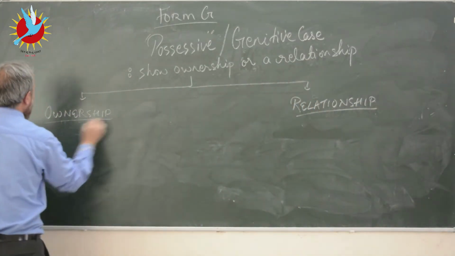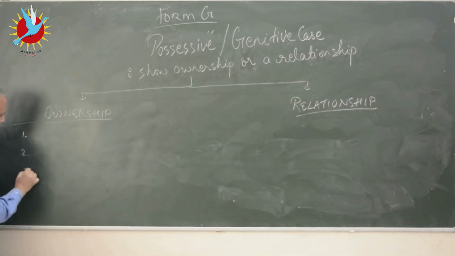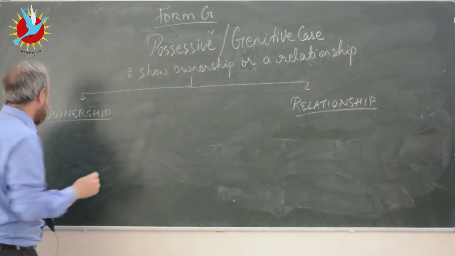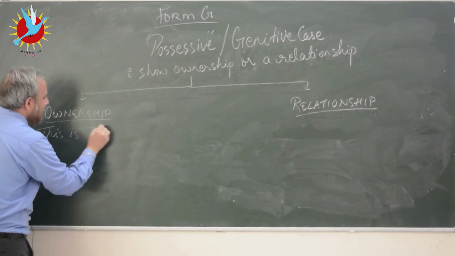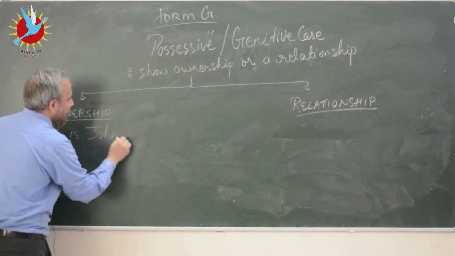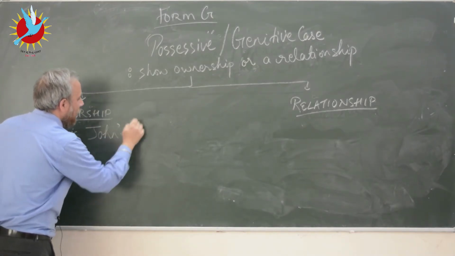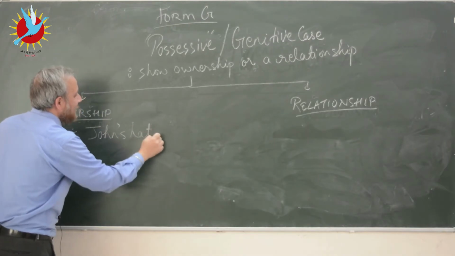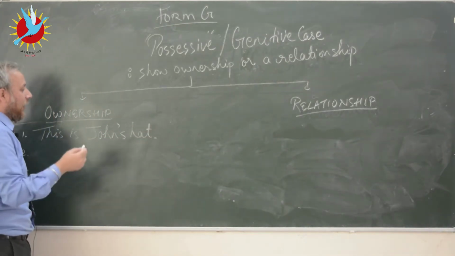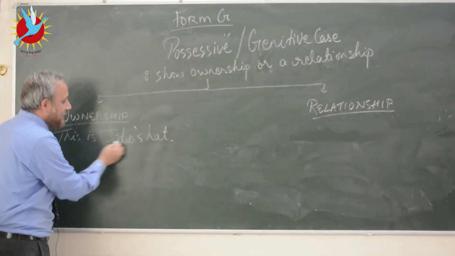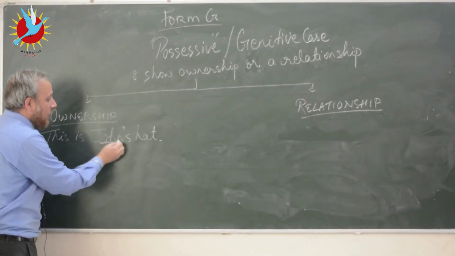If you look at ownership, I'll write a few examples for you on the board. Let's say John's hat. In this example, there was a singular proper noun, John.